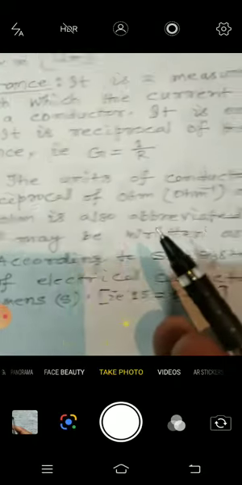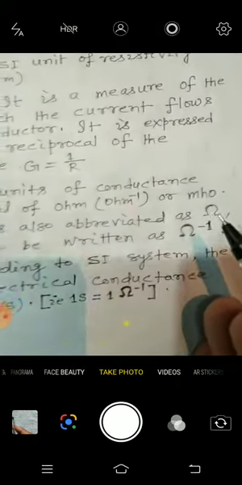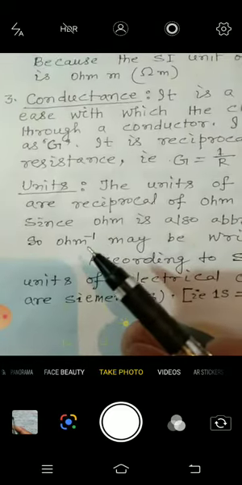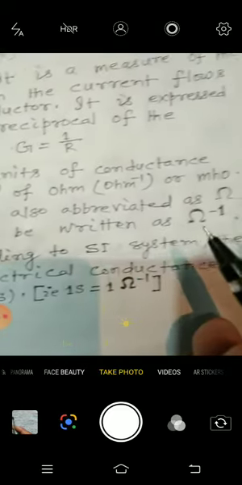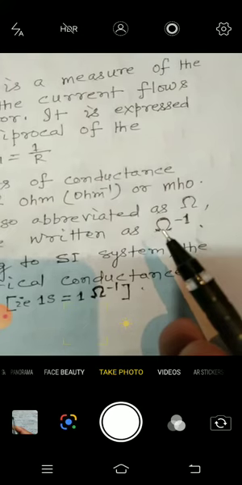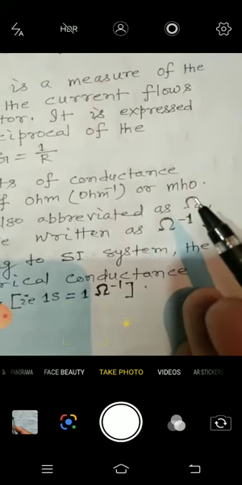Ohm inverse may be written as the inverse of this symbol.